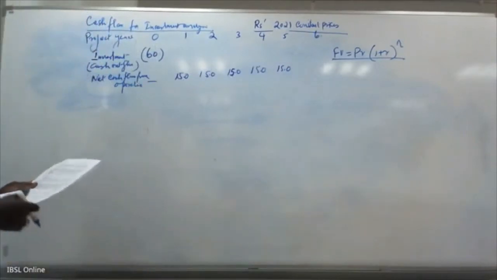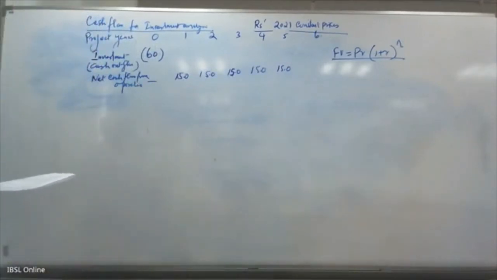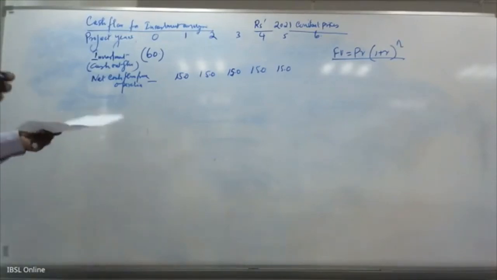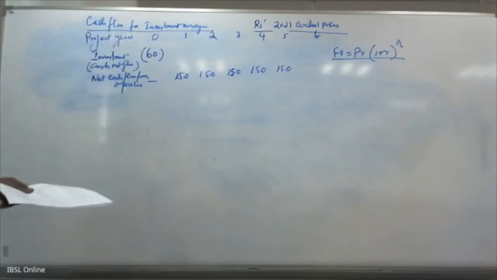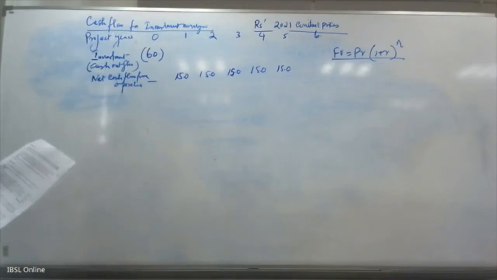This is a positive value, cash inflow, from the operation of the business, the industry or the project. They are anticipating a net cash flow of 15 million each year for 5 years.